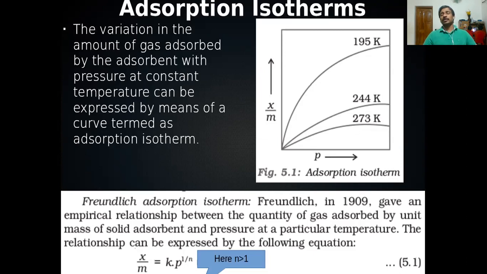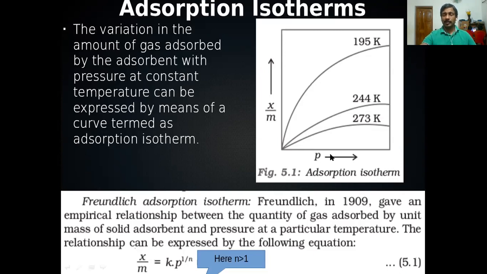Further adsorption is not possible. If it is chemical adsorption, we can say the surface is completely occupied. Or if it is physical adsorption, we can say the maximum amount is adsorbed. Further adsorption is not possible. That is a saturation point.